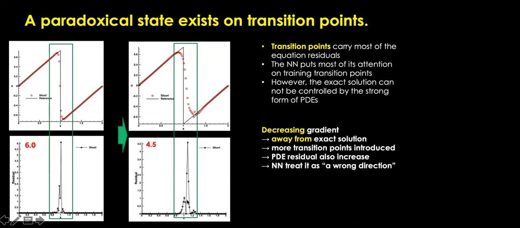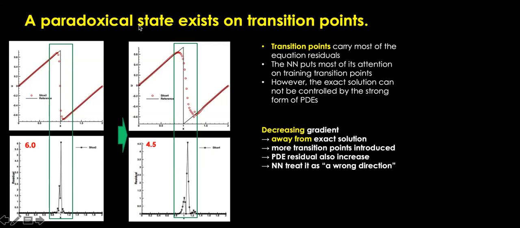Whether increasing or decreasing the gradient of transition points, the total cannot be effectively reduced. So we call this status a paradoxical status.